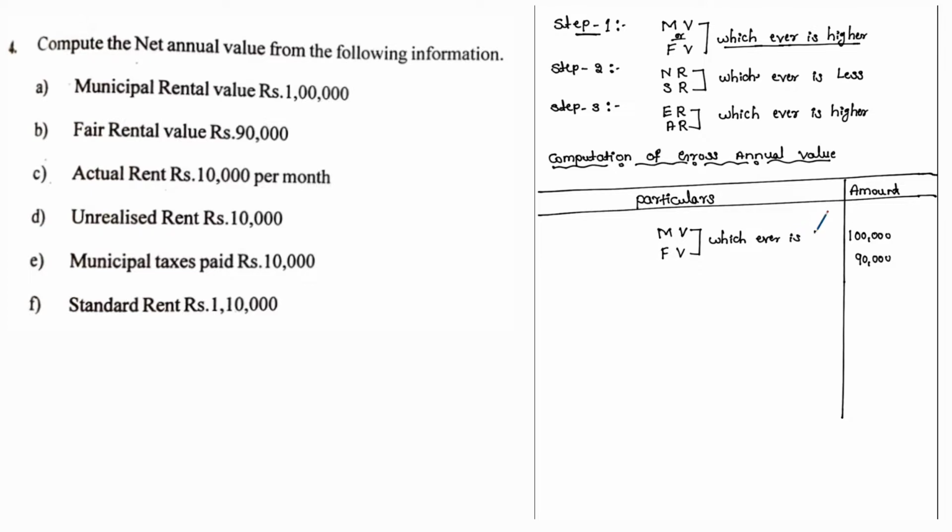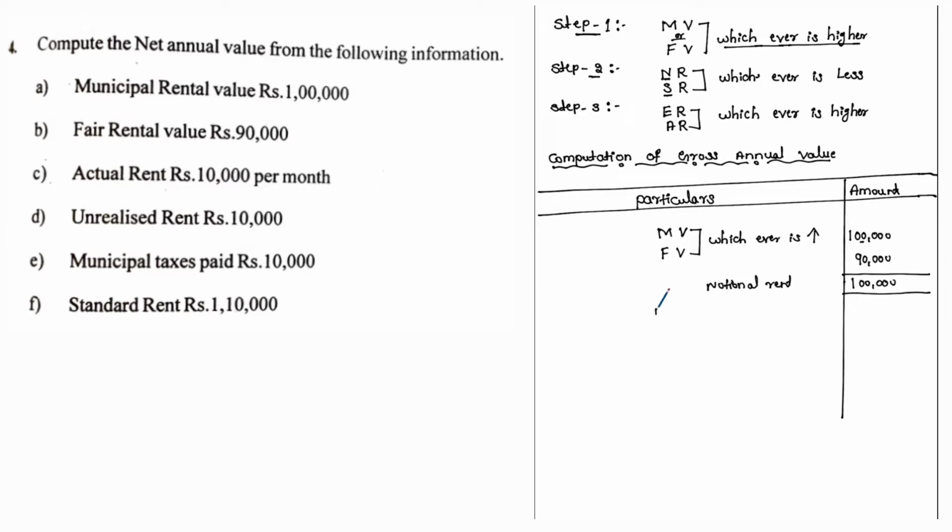In these two amounts, the higher amount is 1 lakh rupees. This will be a notional rent.